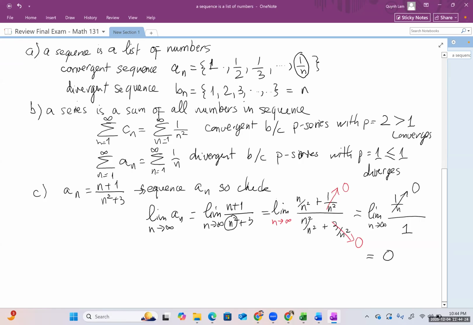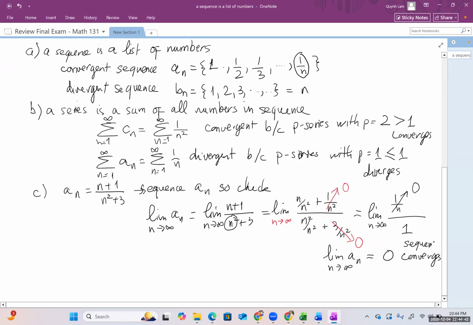Since the limit of the sequence a_n equals 0, that tells us the sequence converges. Does that make sense?